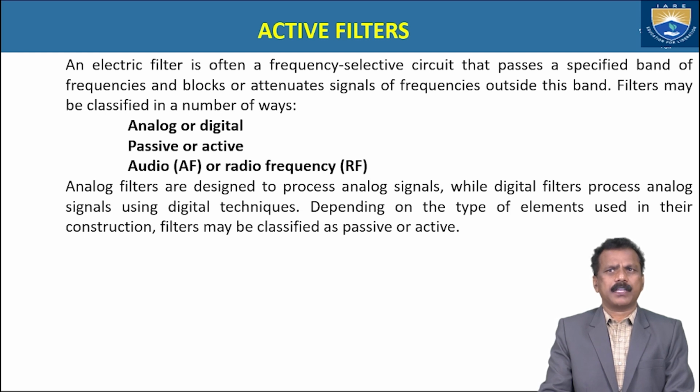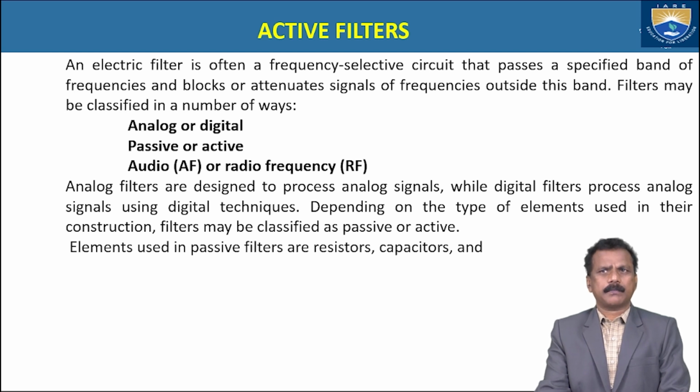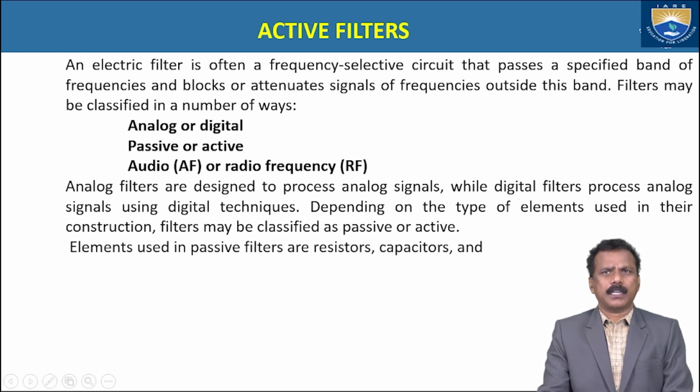Filters may be classified as passive or active. The elements used in passive filters are resistors, capacitors, and inductors. There are a lot of demerits with inductors; there is a big problem with inductors, which we will see.